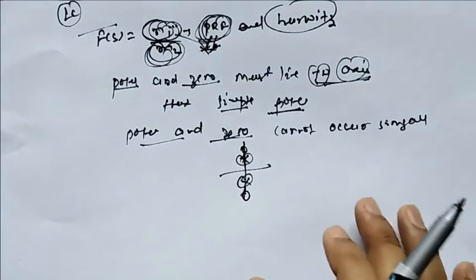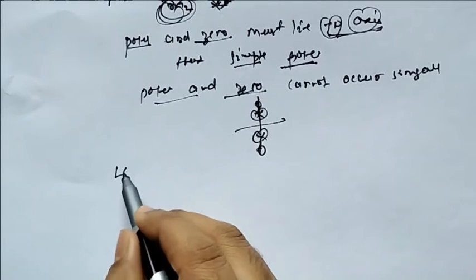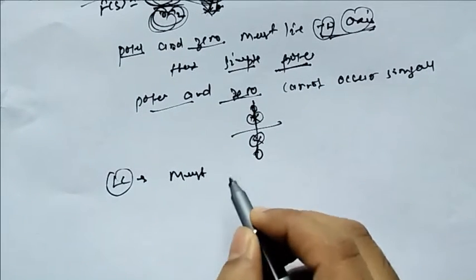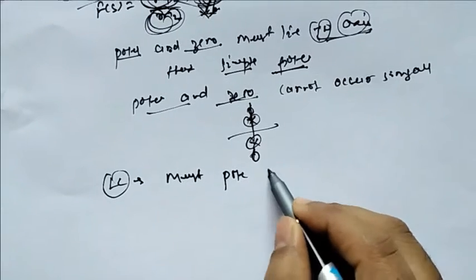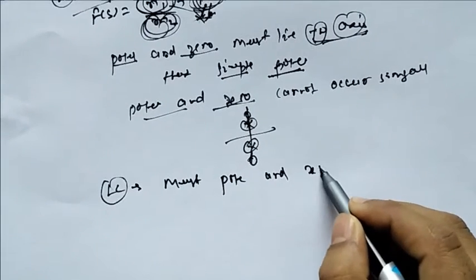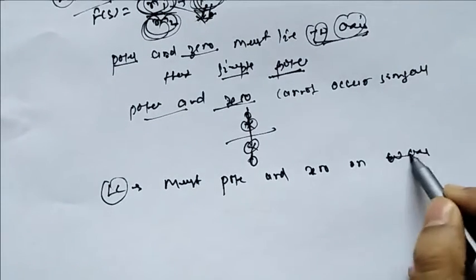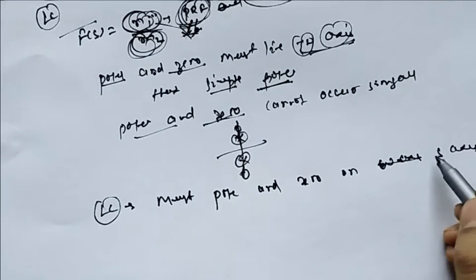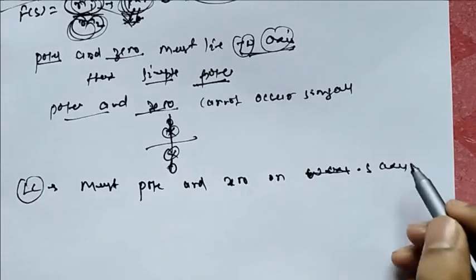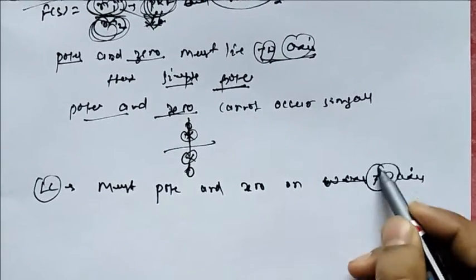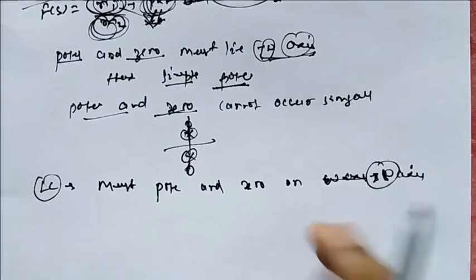So here we came to know the LC function must have poles and zeros on the j omega axis, or at the origin only. That is, on the j omega axis we must have the poles and zeros.